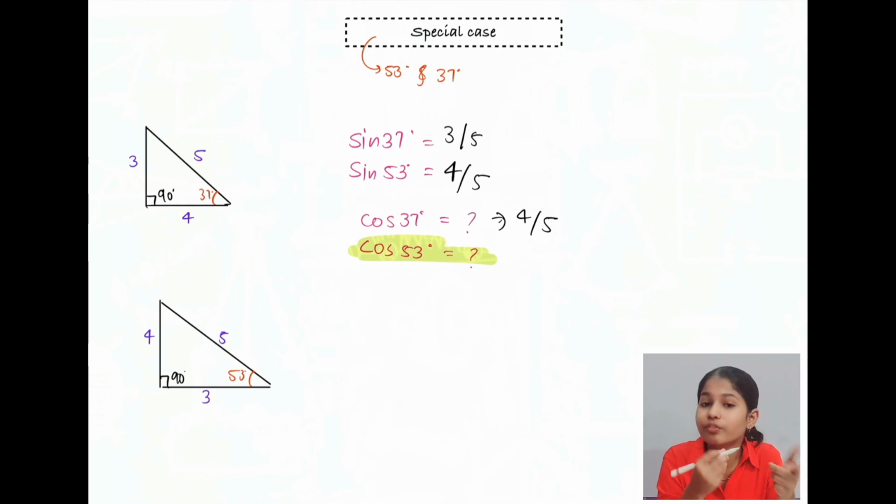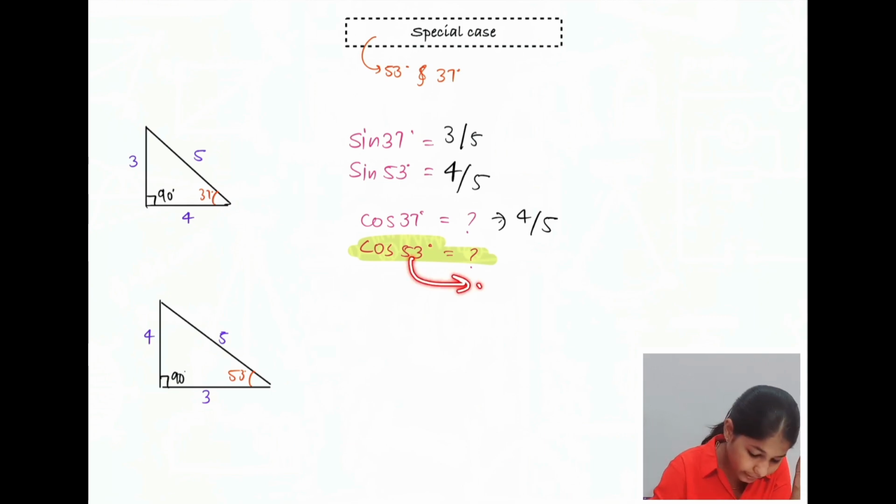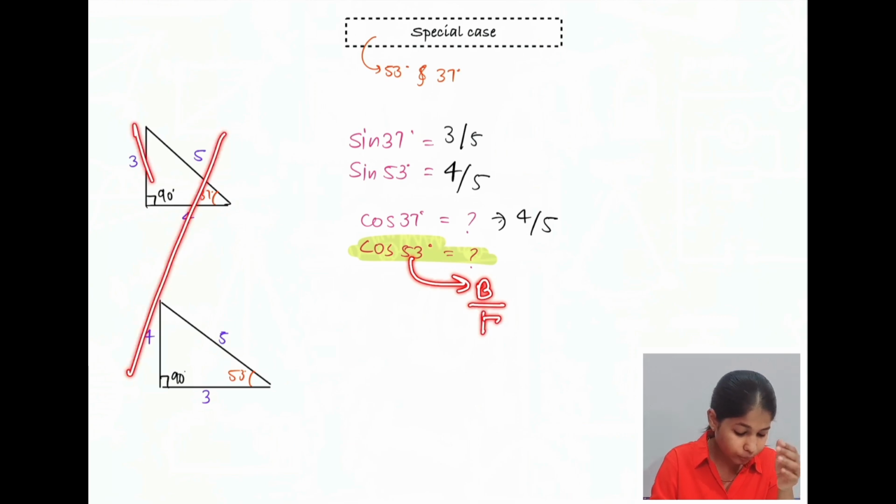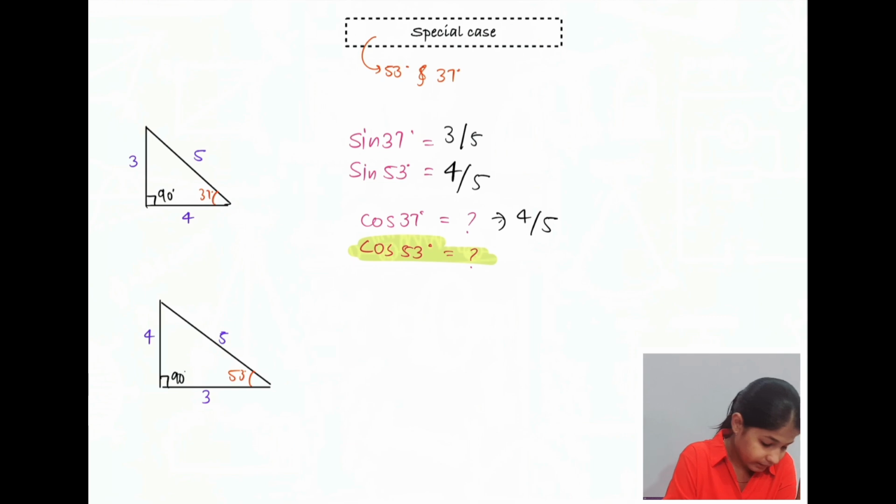But in the case of 53 degrees, as it is bigger than 37 degrees, you will use 4. But here it is asking cos 53 degrees. Cos means B upon H. So let me write the solution now.